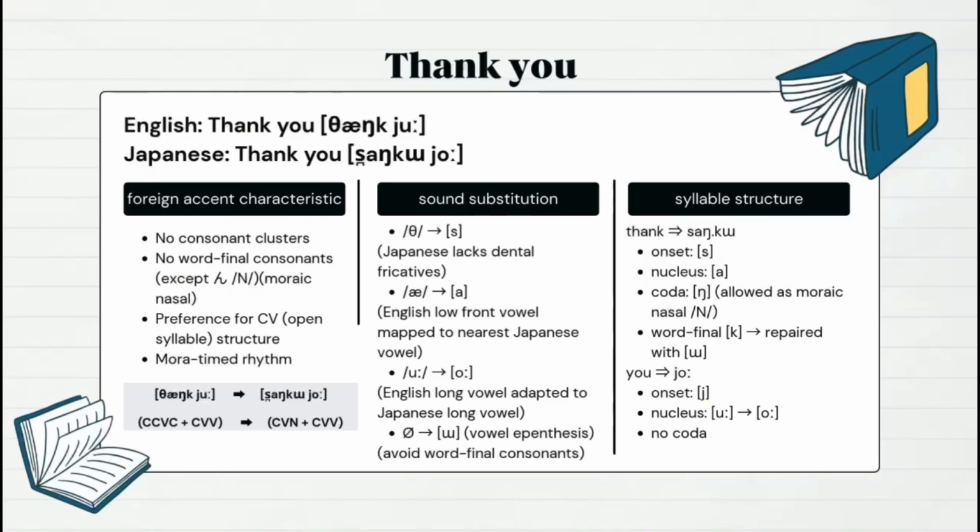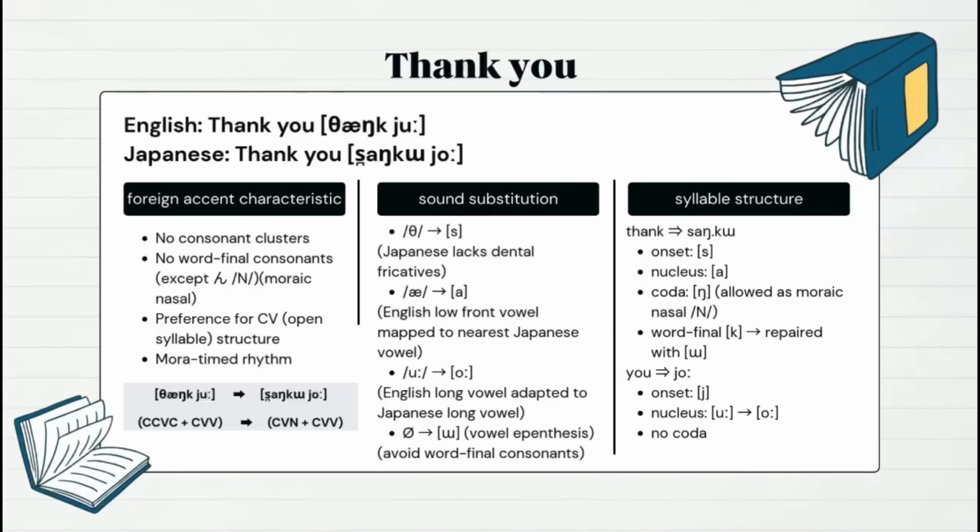First of all, there are no consonant clusters, and there are no word final consonants too, except the moraic nasal. The moraic nasal is the only sound allowed at the end of a syllable in Japanese. And Japanese prefers CV, which is the open syllable structure, and has a more mora-timed rhythm.